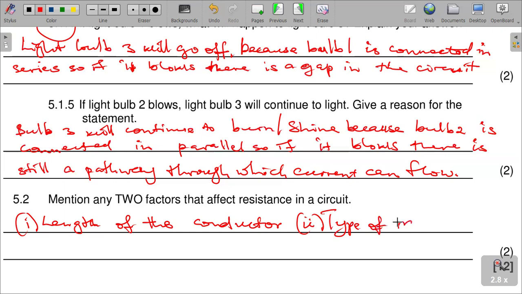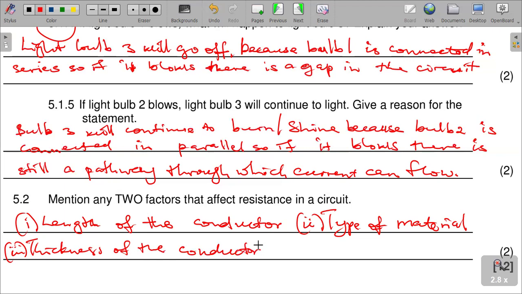It can also be thickness of the conductor, sorry.